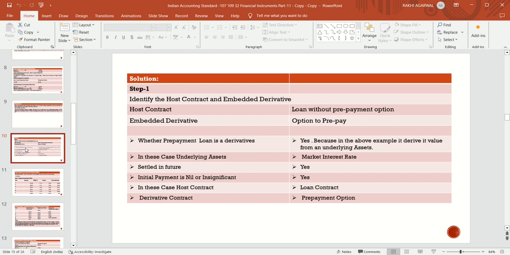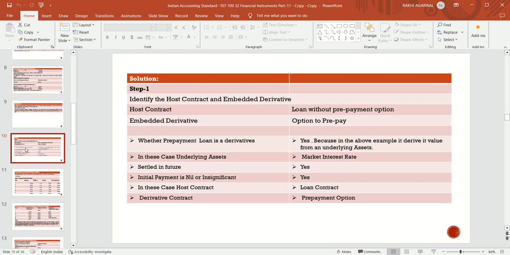If the borrower pays the lender before the term period, they have to pay some penalty for that. So the option to prepay is an embedded derivative in this contract.